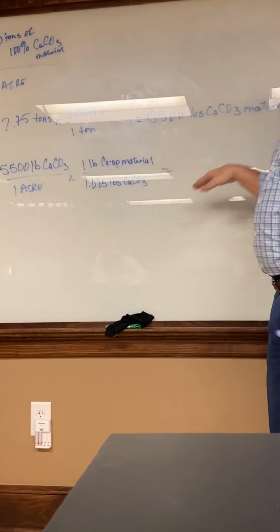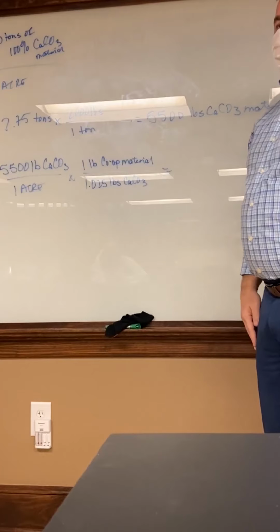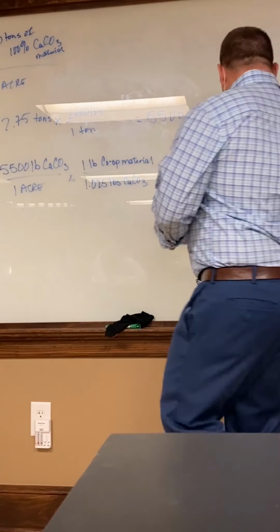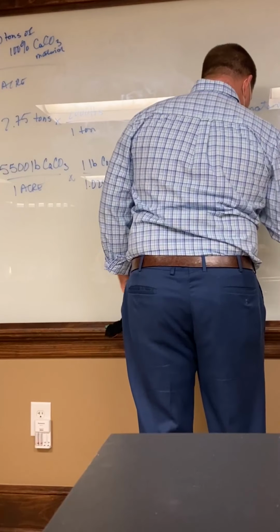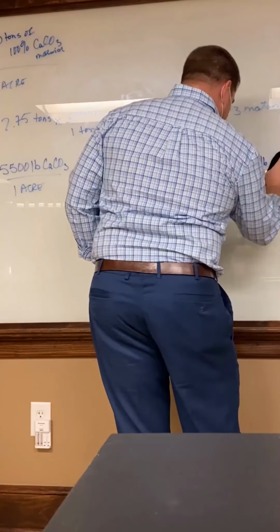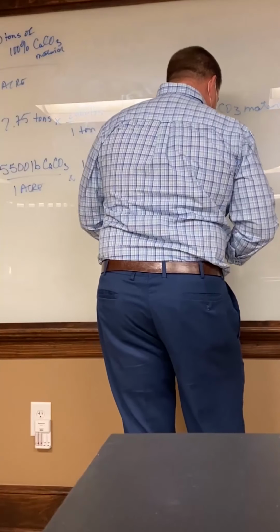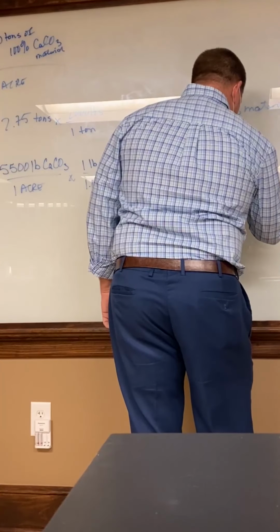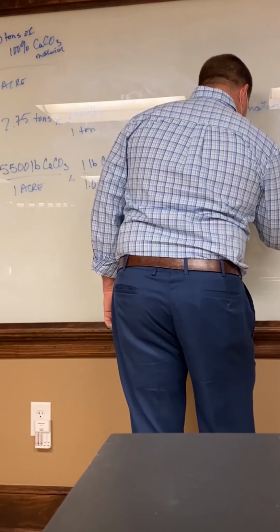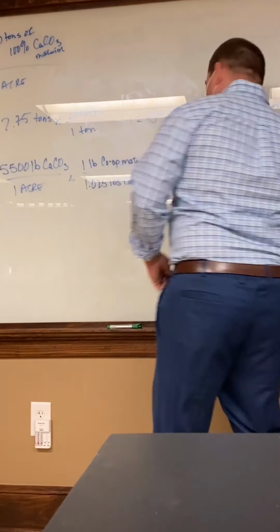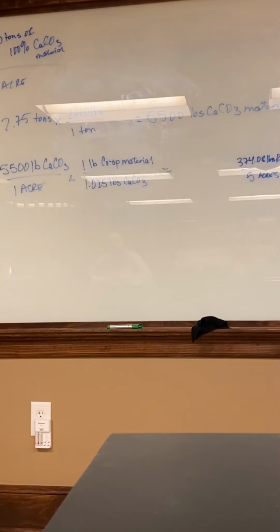If you multiply all the way across, you'll come up with 374.8, or 374.08 pounds K over 5 acres, whatever that number came up to be. So there's not much to this.